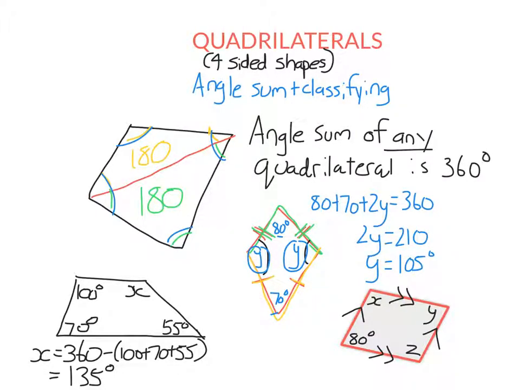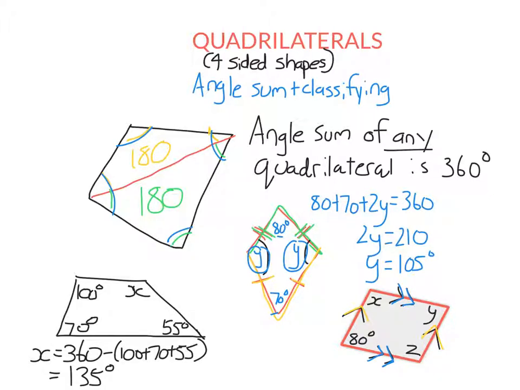So let's look at this new red shape down the bottom. So this symbol here and this one here mean not that the sides are equal, that means they are parallel to each other. And similarly, this side here is parallel to this side here. So we're going to use that to find the values of x, y, and z, because without this information about the lines being parallel, we actually couldn't figure out x, y, and z.